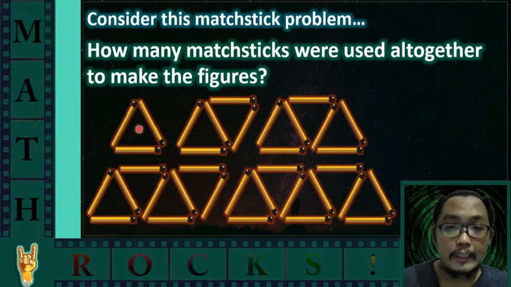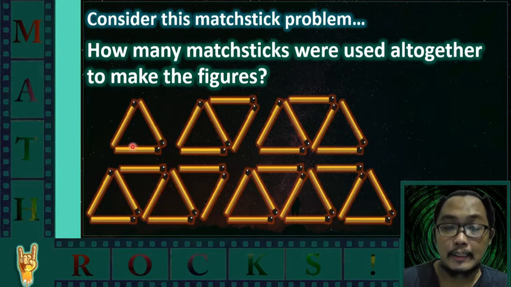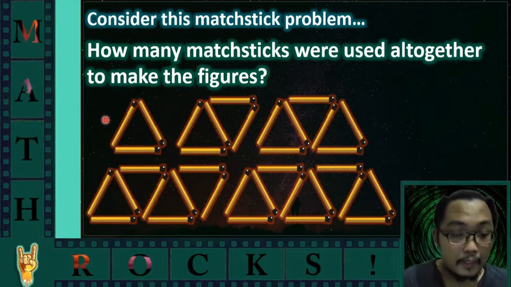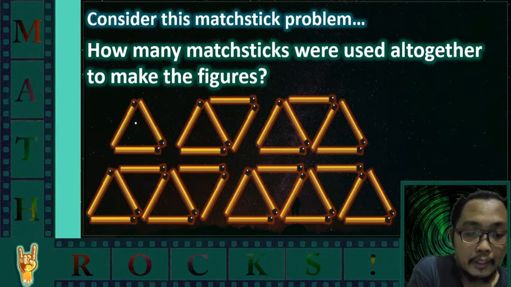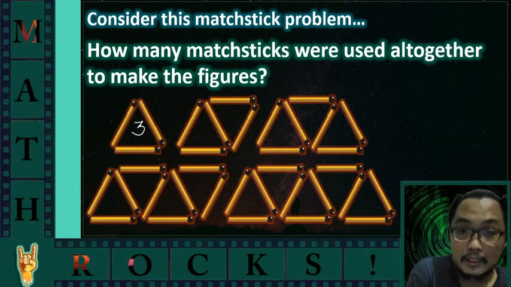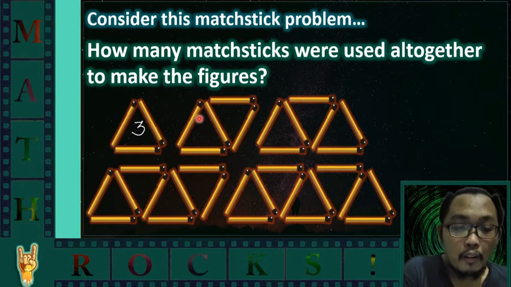Here we can easily count that we have a total of 1, 2, 3 matchsticks. So let us write the number for the meantime. Here we have used 3 matchsticks to come up with this illustration.